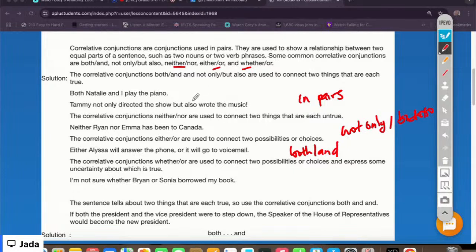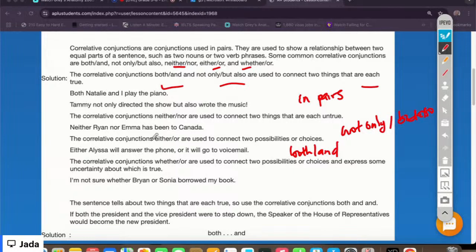The correlative conjunctions both and and not only but also are used to connect two things that are each true. So whenever you use both and or not only but also, they're used to connect two things that are each true.